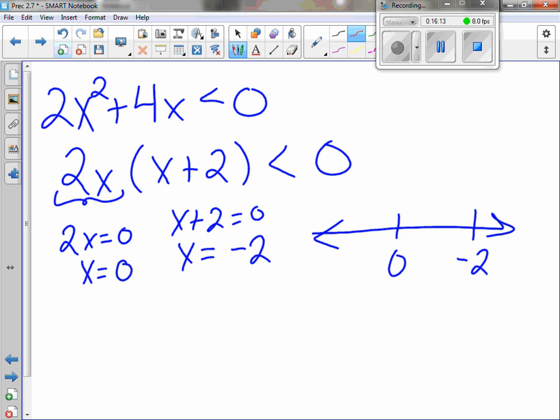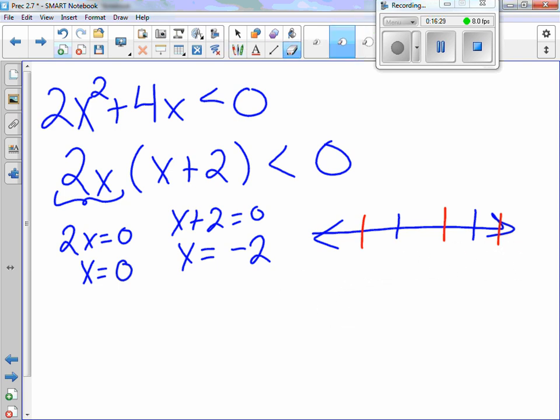Well, this isn't fun. 0 is a point, yes? Can I use 0 to check? No. We need, say, -3, -1, and 1.